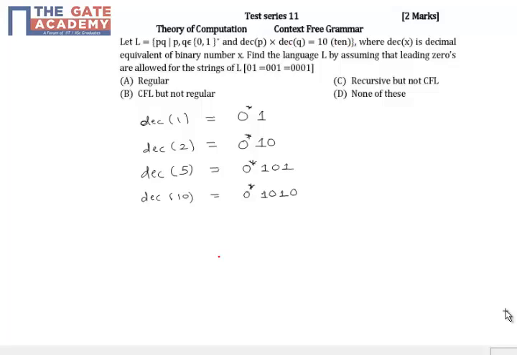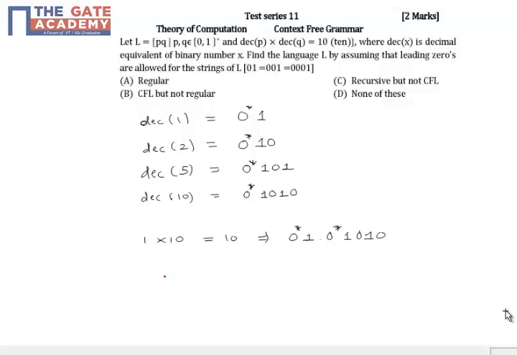For example, if we have 1 multiplied by 10, their product would be 10 and the concatenation of their binary representation would be in the language L. The binary representation of 1 is any number of zeros followed by 1 and the binary representation of 10 is any number of zeros followed by 1010. So if we concatenate these two strings, this whole string would be in language L.